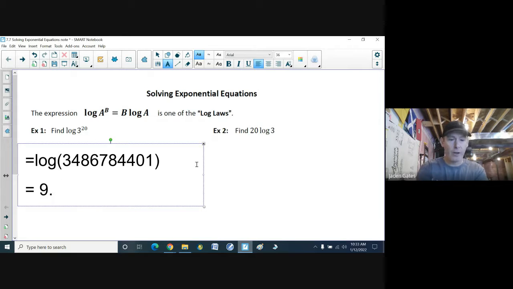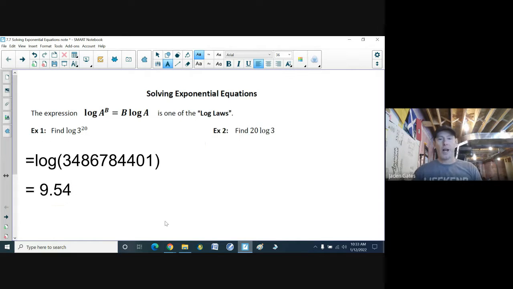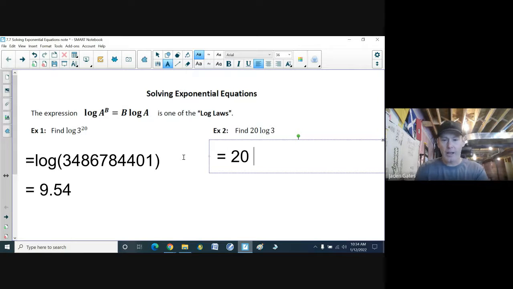Now, over here in example 2, it says find 20 times the log of 3. You'll notice that all that is, if you take example 1, I'm taking that 20 and putting it down in front. I'm going to explain why shortly. So I take 20 times the log of 3.